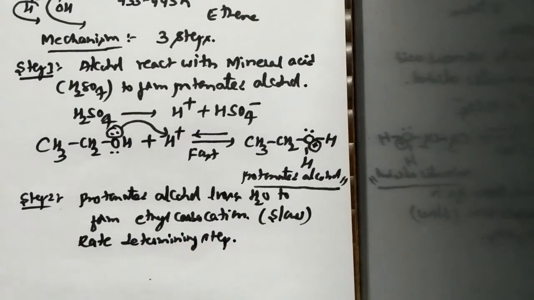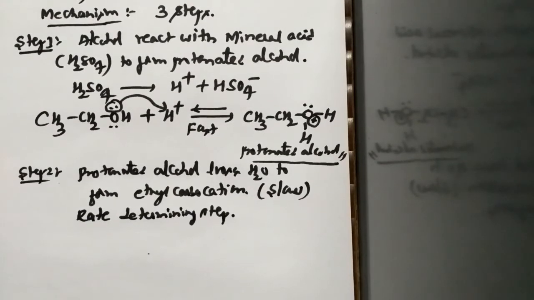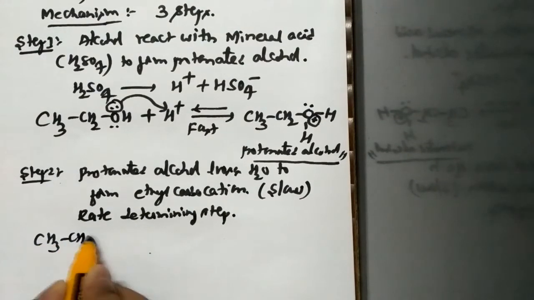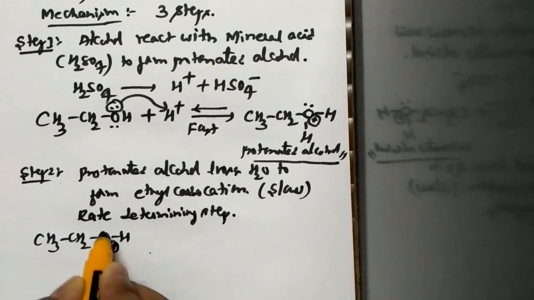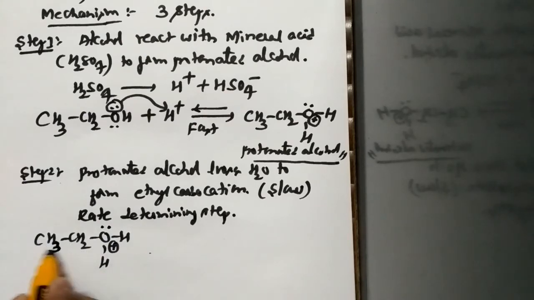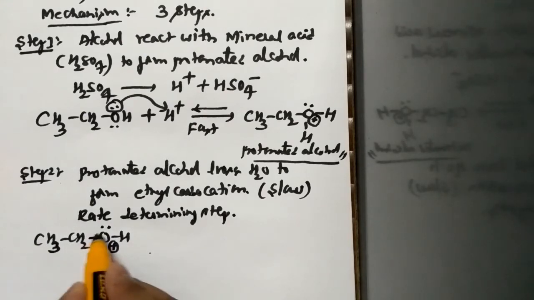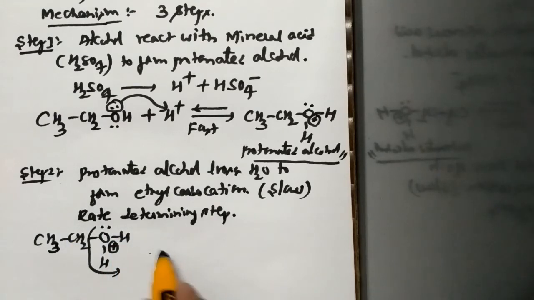The rate determining step will always be the slowest step of a chemical reaction. This can be explained by the equation: CH3CH2 O with hydrogens along with a positive sign. This is the protonated alcohol obtained in the previous step. Here oxygen takes away the entire bond pair of electrons towards itself.